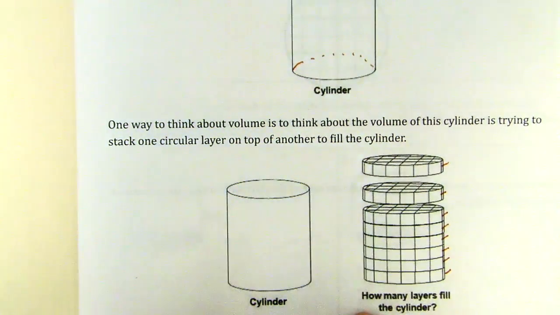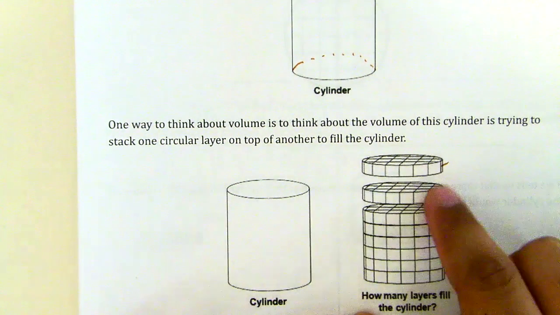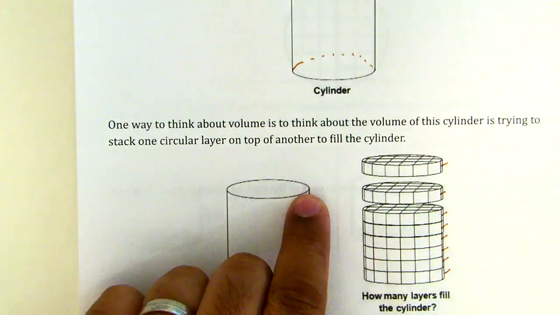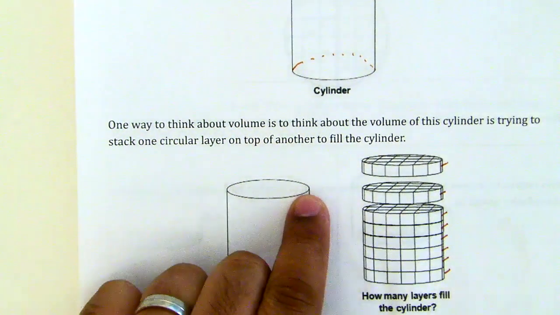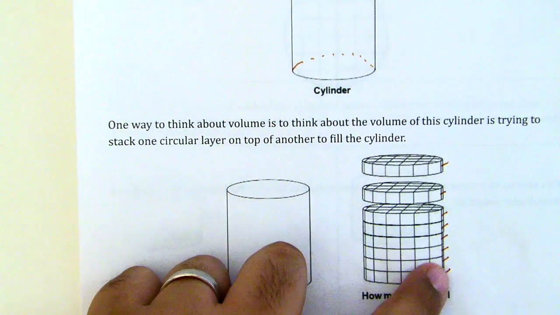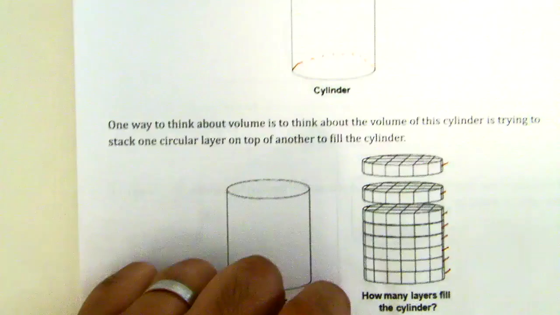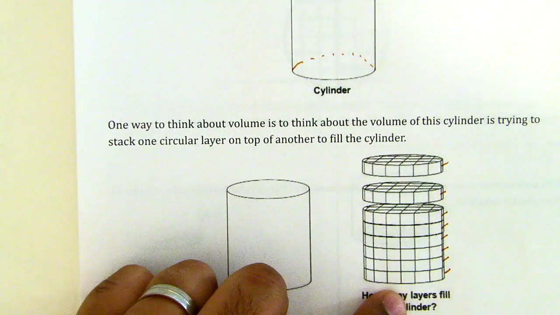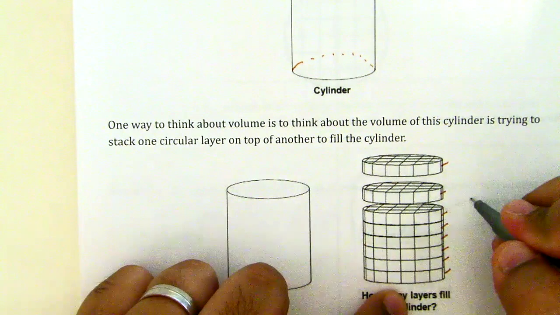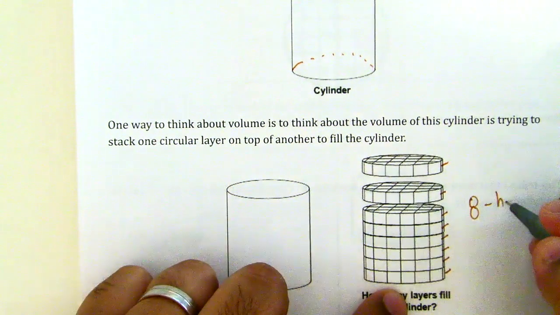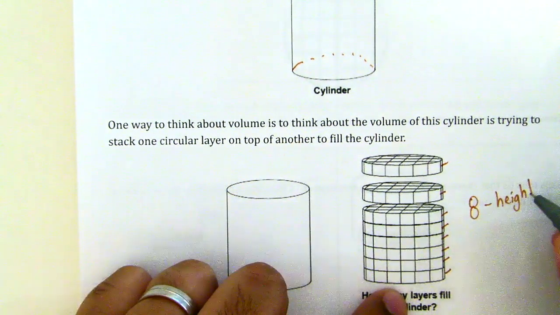So you can see that if you were to move these top 2 layers down here, I'd be about at the top of the cylinder here, right? So the cylinder here, again, has a height of 8 of these layers stacked on top, right? So let's say for this example here that 8 is gonna be the height of this cylinder, right?